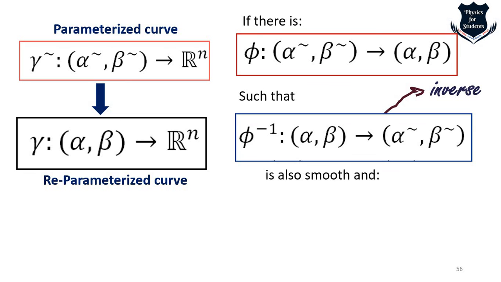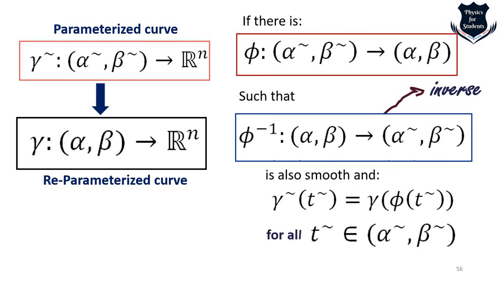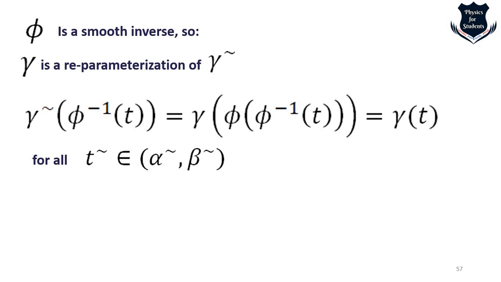The inverse map is also smooth, and this is true for all t tilde going from alpha tilde to beta tilde. Now since phi has a smooth inverse, gamma is also a re-parameterization of gamma tilde, and this will also be true for all t.